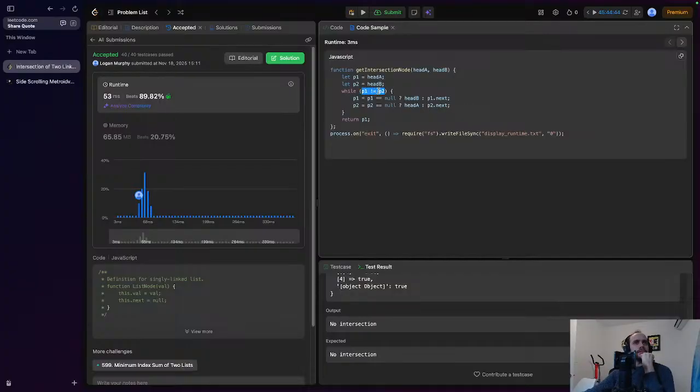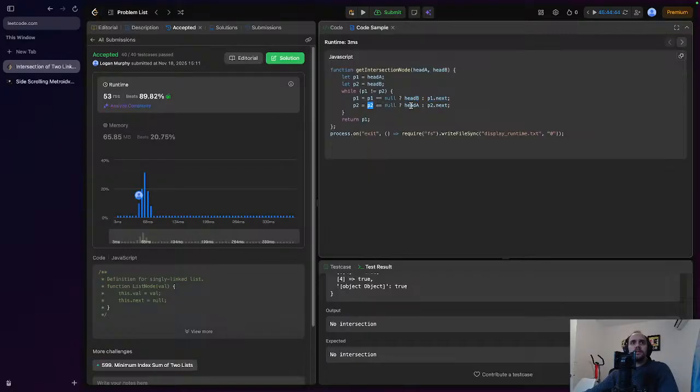While they're not equal to each other, return P1. P1 is head A, P2 is head B. If P1 doesn't have a value, then it becomes head B. Otherwise it becomes P1's next.